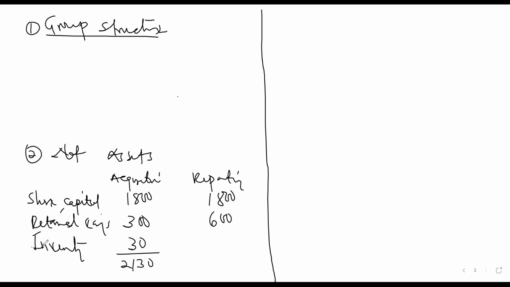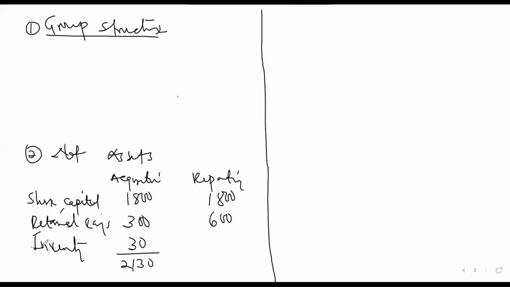They have given you the fair value of the net assets to be 2,130. But first of all, you have to calculate your own net assets from the statement of financial position, which will be the share capital 1,800 plus the retained earnings 300.